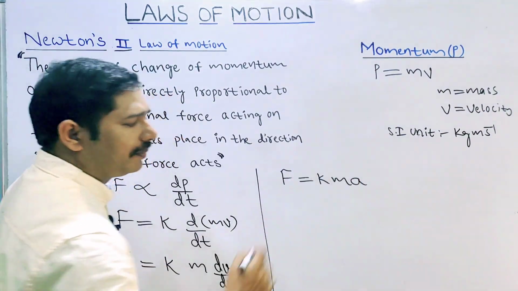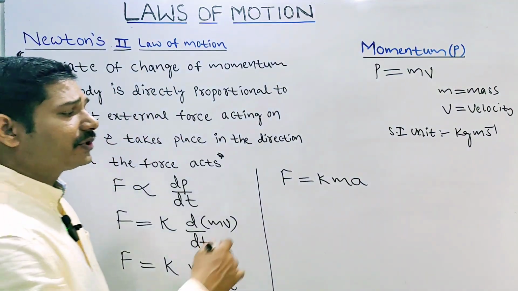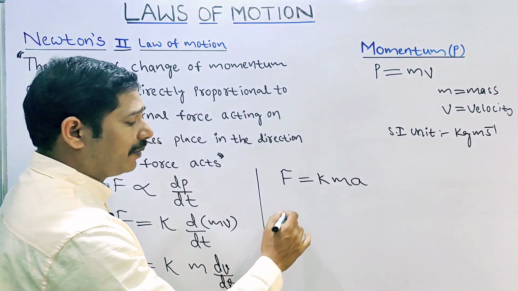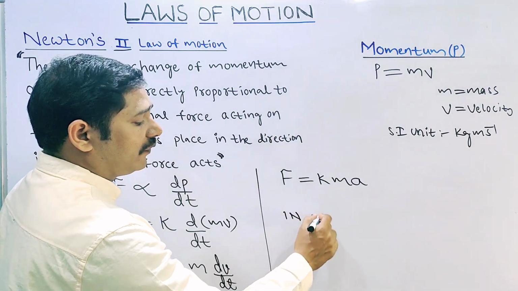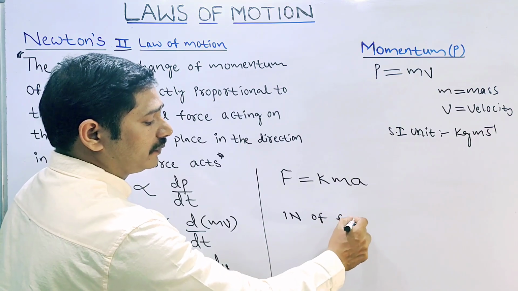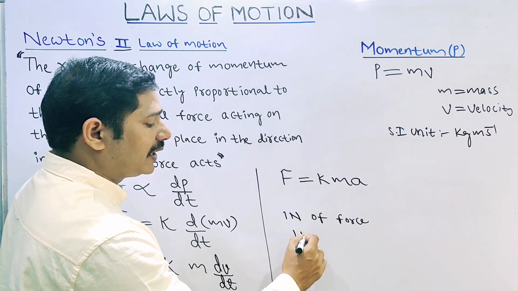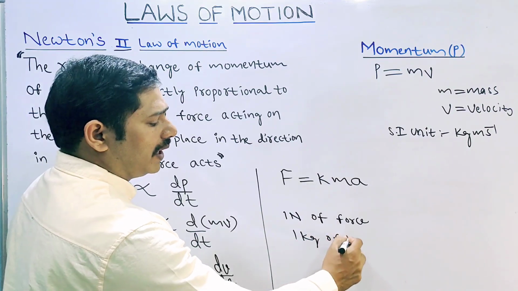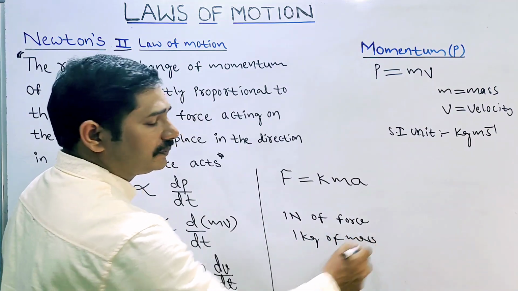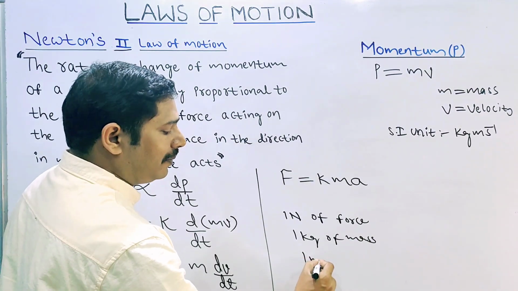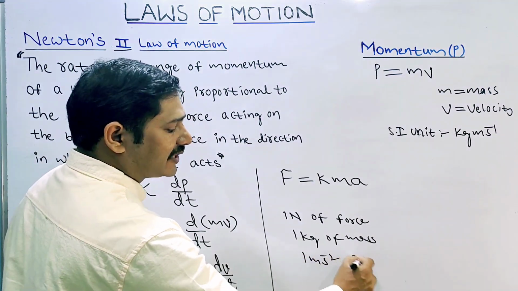The rate of change of velocity is acceleration, I'm taking a. So if 1 Newton of force acts on a body of mass 1 kilogram, the body moves with 1 meter per second square acceleration.